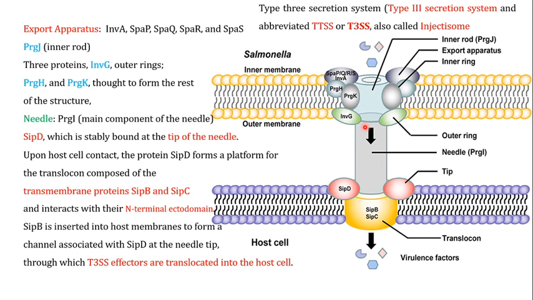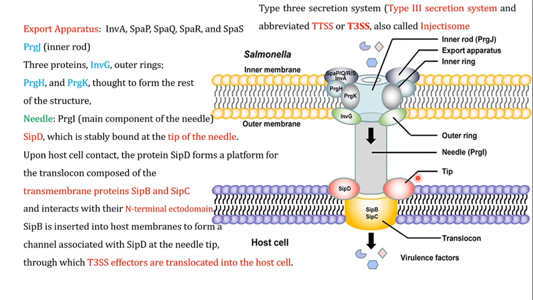Now on the outer side of the Salmonella typhi, you are seeing this needle-like structure, and this needle-like structure is made up of this special protein which is known as the PrgI.